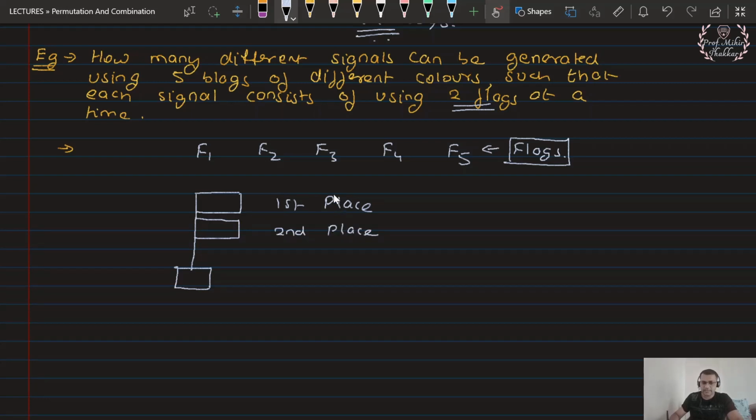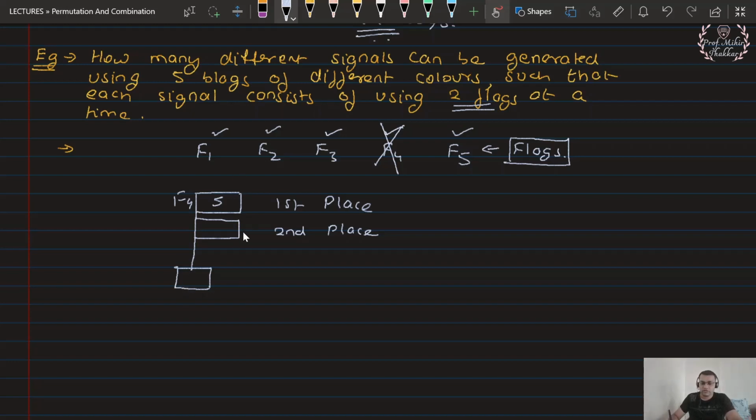The first place can be filled using F1 or F2 or F3 or F4 or F5. So the first place has 5 options, out of which any one can be used. Suppose I consider F4 is placed in the first place.